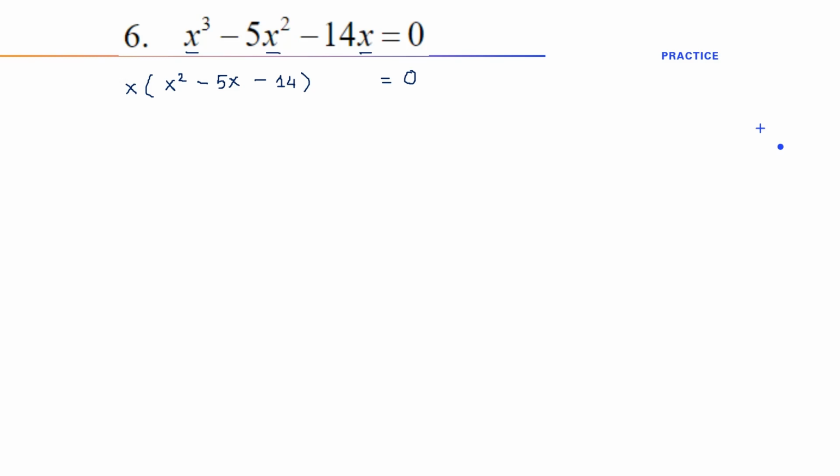Now we see x squared minus 5x minus 14 is a quadratic equation. So let's write on this side x squared minus 5x minus 14, set it equal to 0.